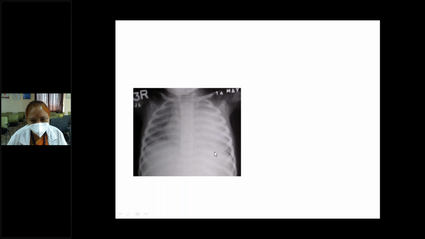What do you think it is? There is fluid-like haziness on the left side of the heart. In pleural effusion, usually the Ellis S curve will be there, the upper part fluid won't go in, aeration will be there.